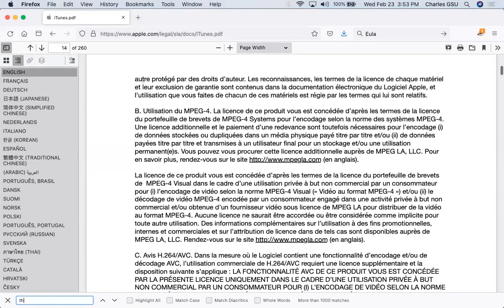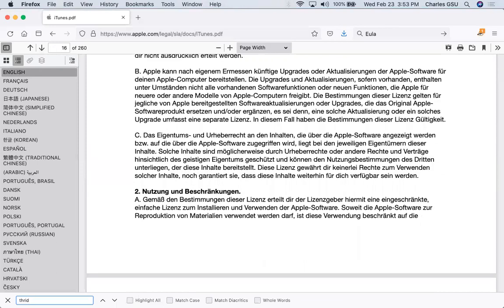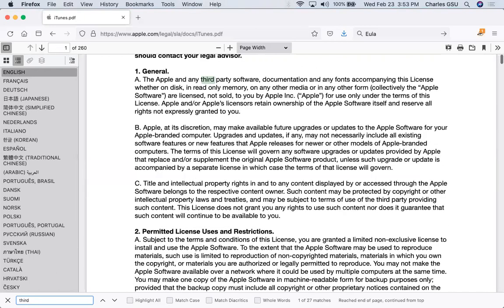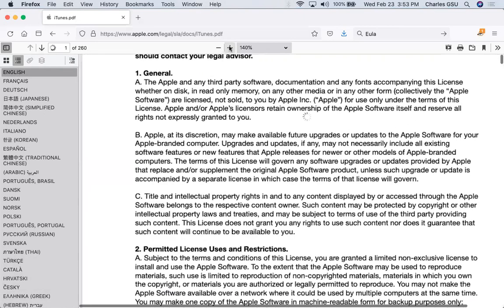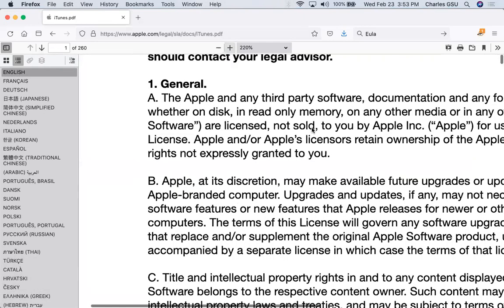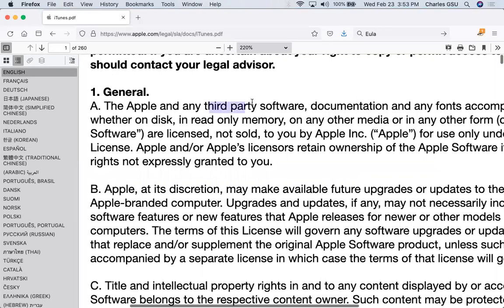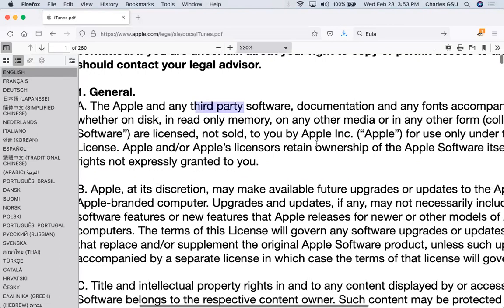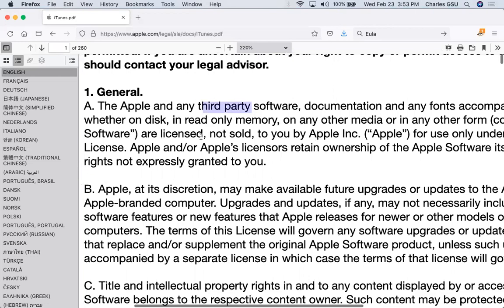Let's see if I can find here. So here is what I was trying to show you. This phrase here, this term called third party. Third party refers to an unknown at this time company or entity. Okay, so in this case, Apple is one party.